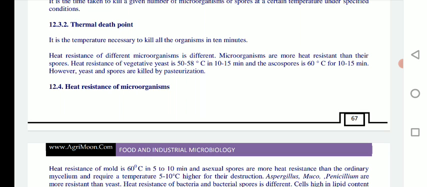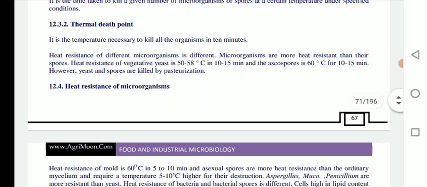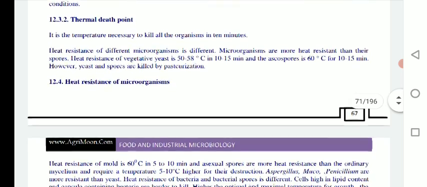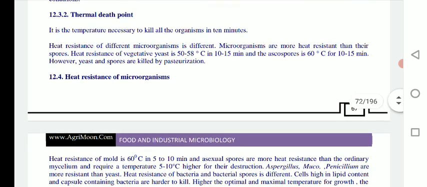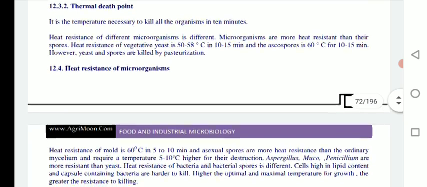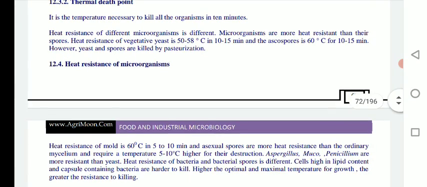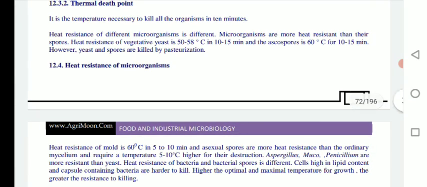So heat resistance of different microorganisms is different. Obviously, this depends upon properties of membranes, and microorganisms are more heat resistant than their spores. The heat resistance of vegetative yeast is up to 50 to 58 degrees Celsius in 10 to 15 minutes, and ascospores is 60 degrees Celsius for 10 to 15 minutes.